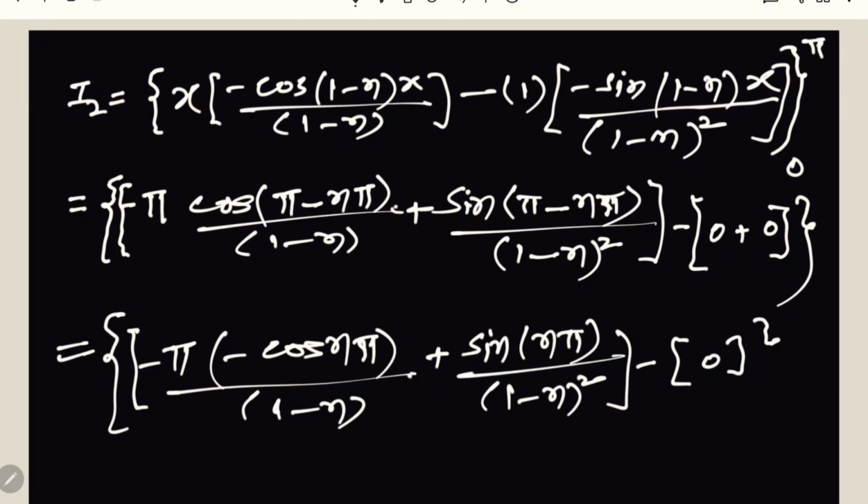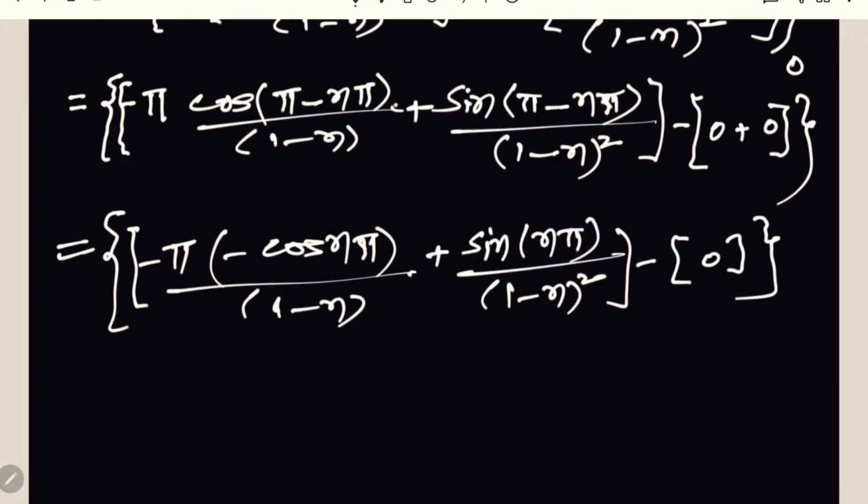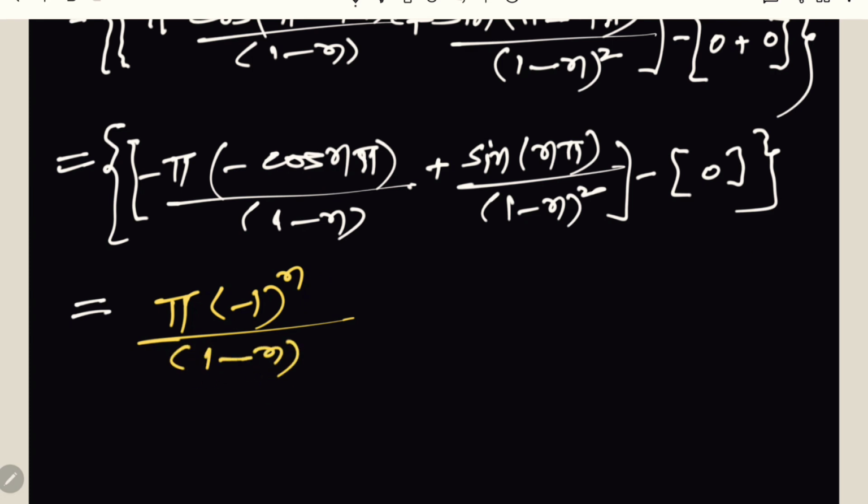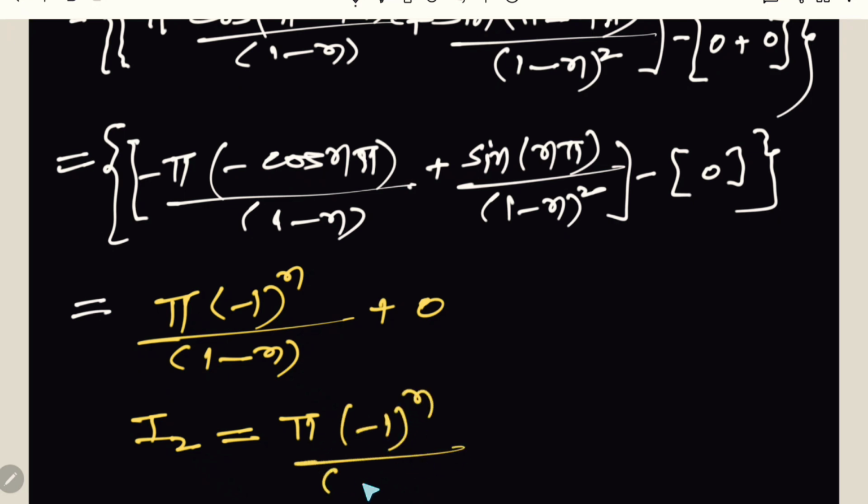Sin n pi is 0, cos n pi is minus 1 raised to n, therefore that minus and this minus will become plus pi minus 1 raised to n whole divided by 1 minus n, sin n pi is 0, and therefore I2 is pi into minus 1 raised to n whole divided by 1 minus n. This is the next equation, equation number 5.